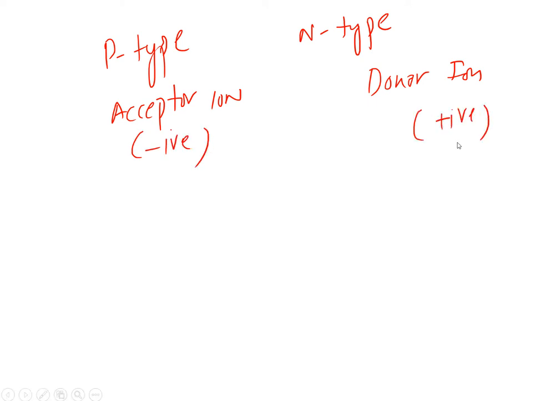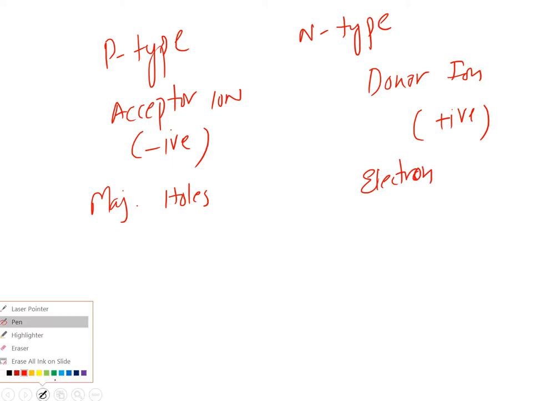If we do the doping in the semiconductor materials, then we can get the p-type and n-type materials. And we also learned that in the p-type our majority carriers are holes, and in the n-type our majority carriers are electrons.